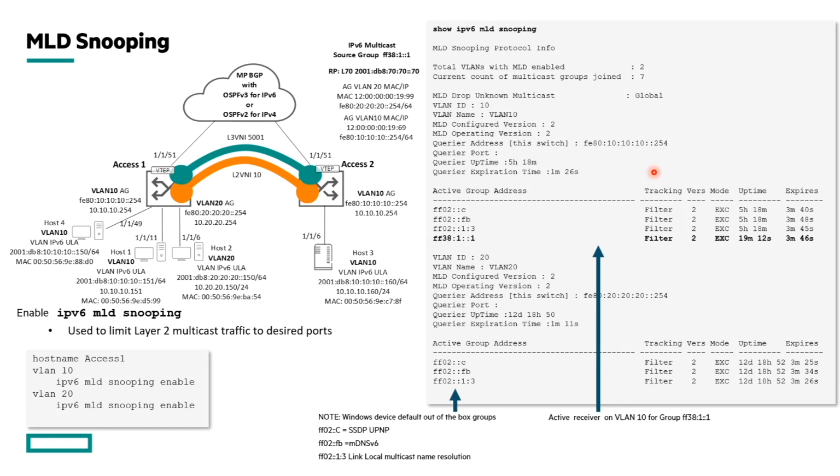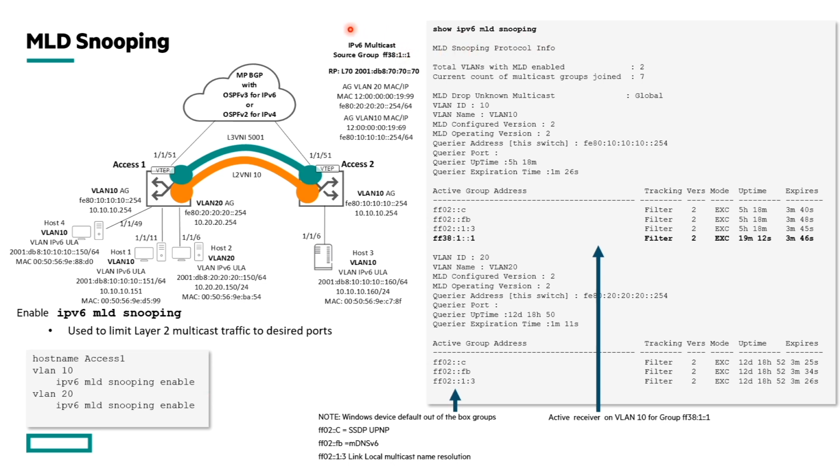So the first thing that we need to enable, specifically if we don't want to have broadcasts in a layer 2 multicast, is IPv6 MLD snooping, and we simply, under the VLAN context, have IPv6 MLD snooping enable, and here it's shown as being enabled on both VLAN 10 and 20 that we have in this topology. I've also shown an IPv6 MLD snooping output.